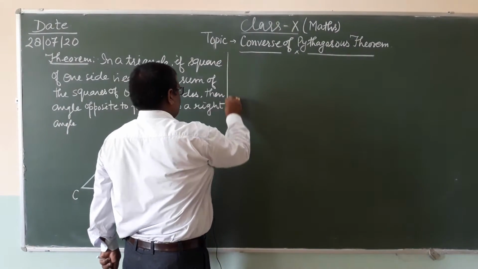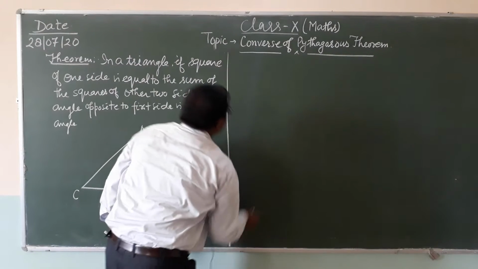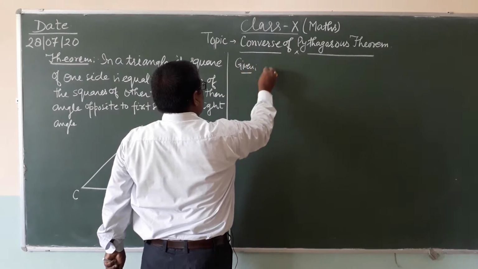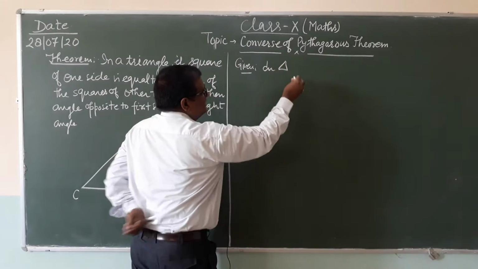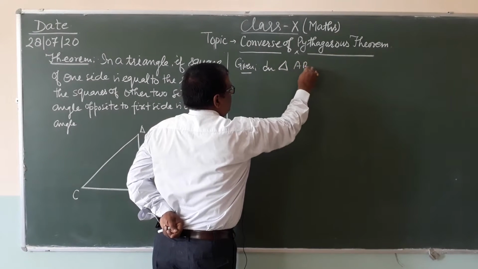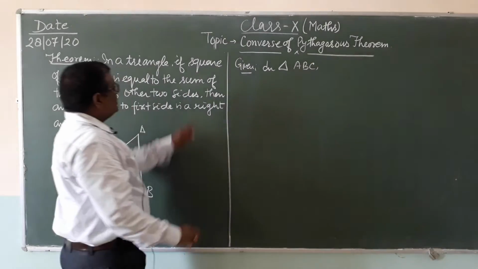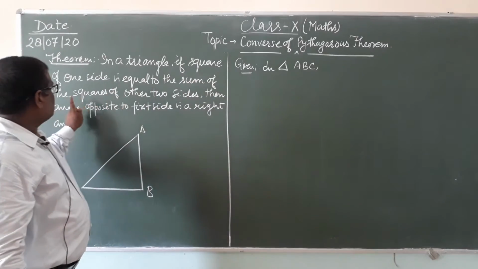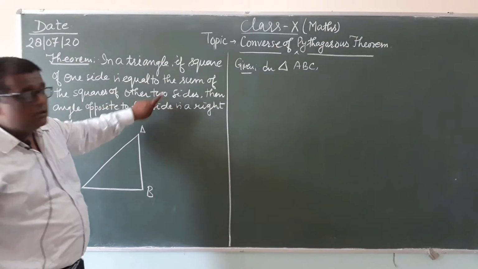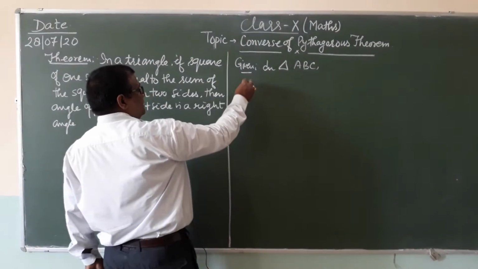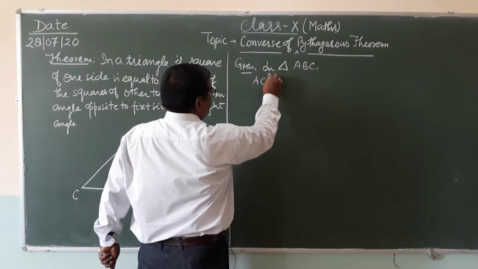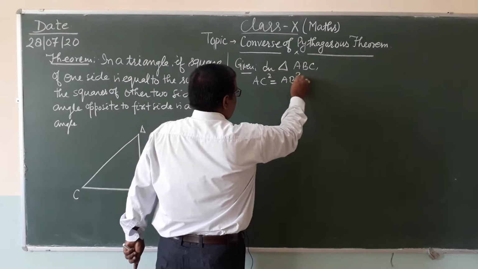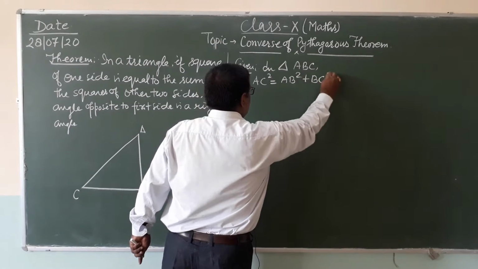Our given is: in triangle ABC, if the square of one side is equal to the sum of the squares of the other two sides, that is, AC square is equal to AB square plus BC square.